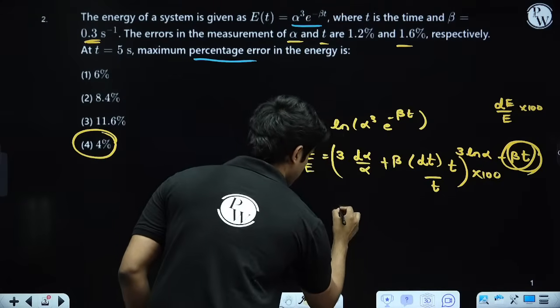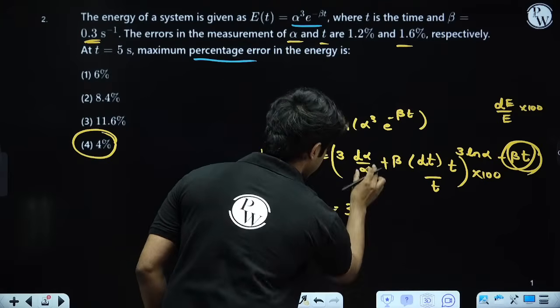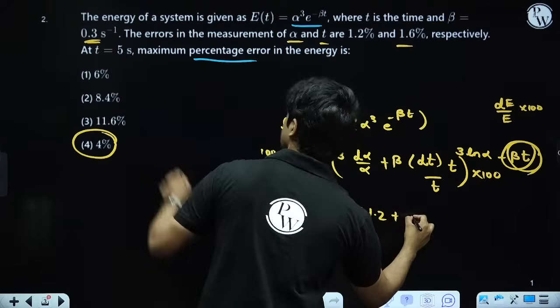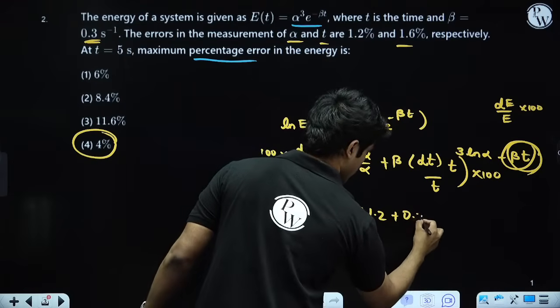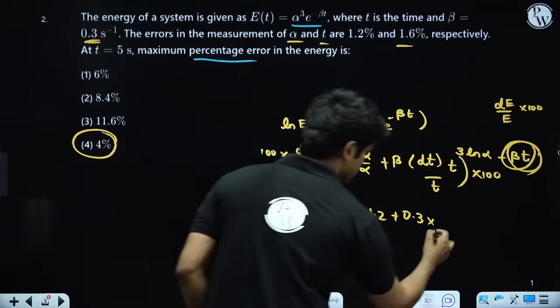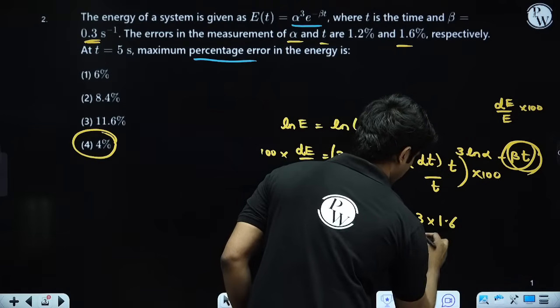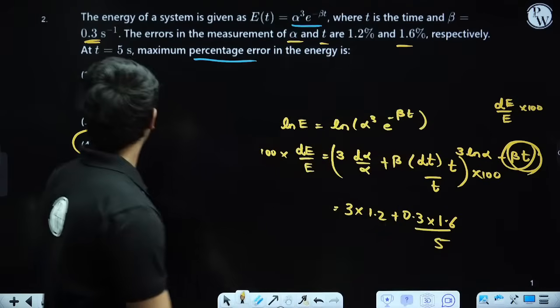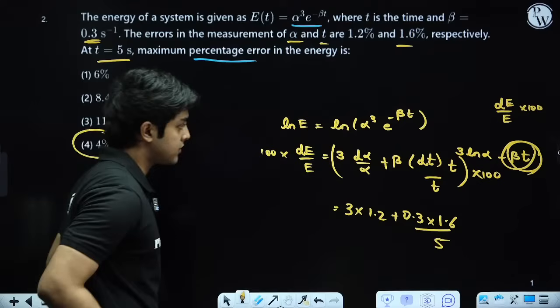So now let's write it down once more. So percentage error in alpha is 1.2 and beta is 0.3, and percentage error in t time would be 1.6, but we have a 5 in the denominator, right, because we have to calculate at t equal to 5.